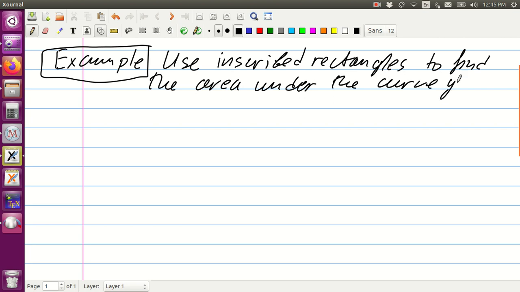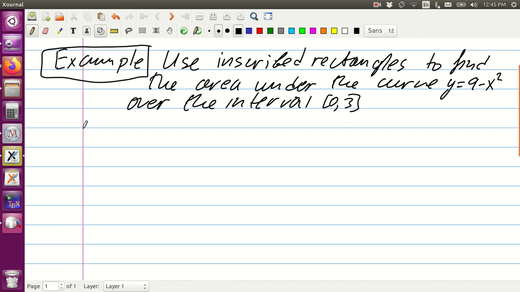We'll take something a little bit more complicated compared to the last example, like 9 minus x squared over the interval 0 to 3.